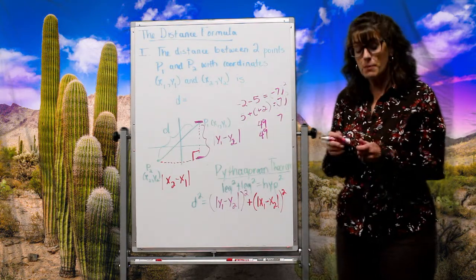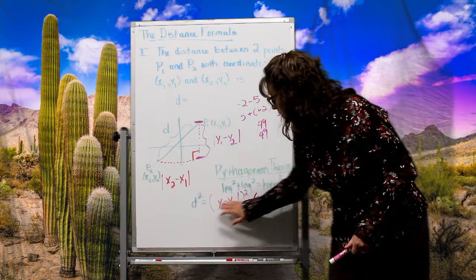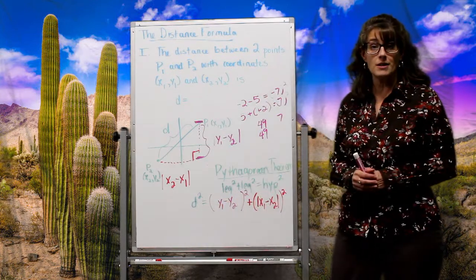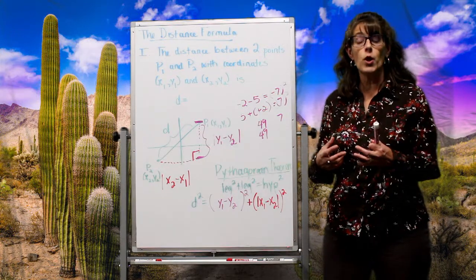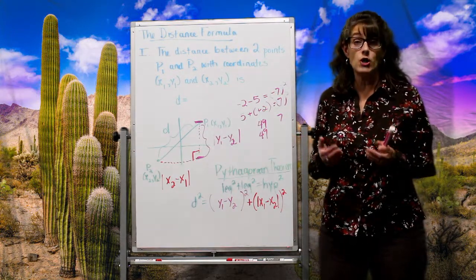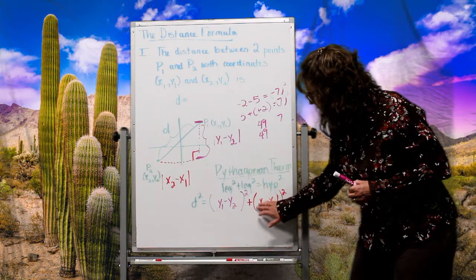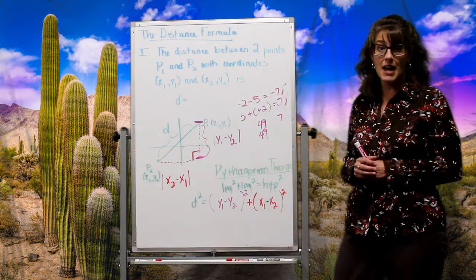So my point is simply this: I don't really need this absolute value in here because I'm squaring it. The squaring takes care of this need for a non-negative number. So I'm going to take the absolute value off in both of these cases.